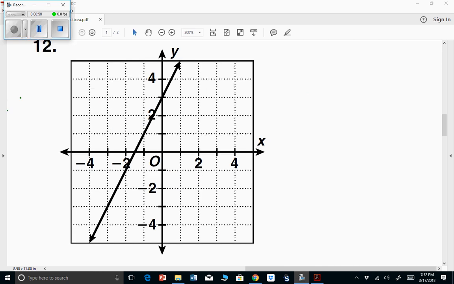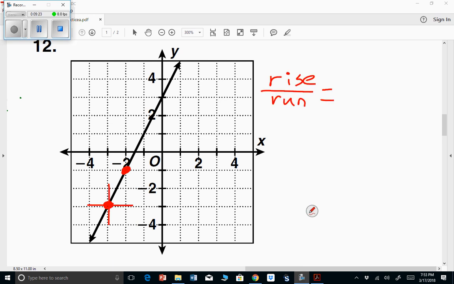Okay, so again, we're going to use the graph to determine the slope of the line. We need to find 2 points on the line where grid lines cross, and I see one right here, so we're going to choose this point, and then I need another one. I just keep going until I find one. Here it is. I'm going to start with the formula of rise over run.